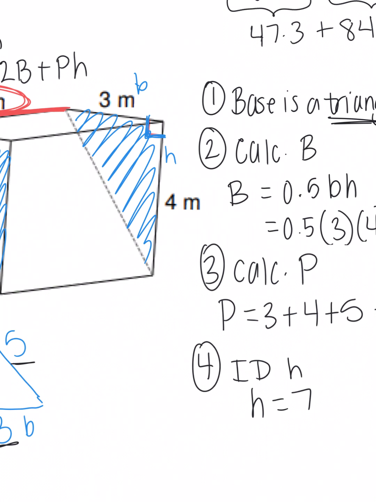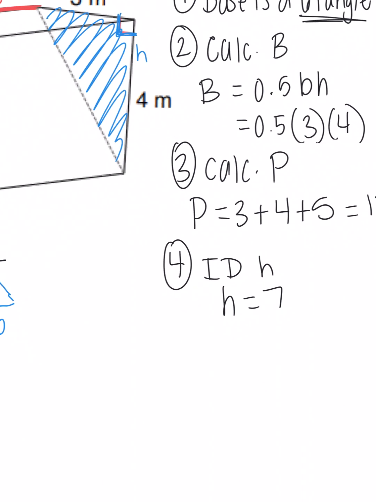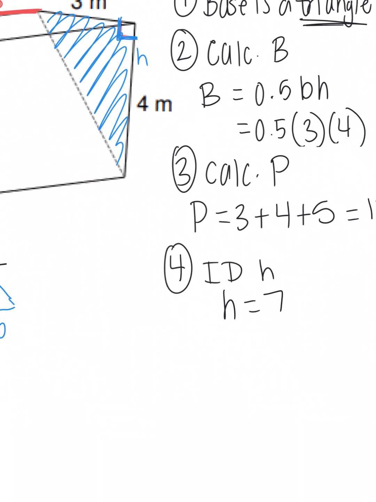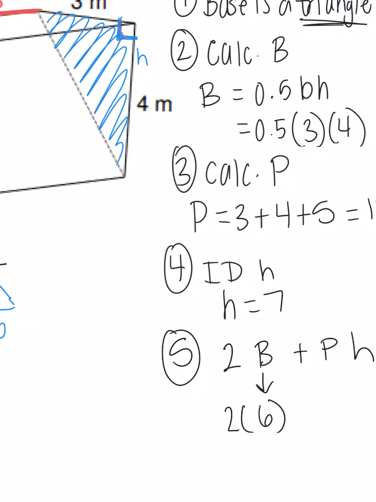Okay, so at this point I have B, I have P, and I have H, so I am good to go as far as plugging those into the overall formula. B was 6, P was 12, and H was 7.